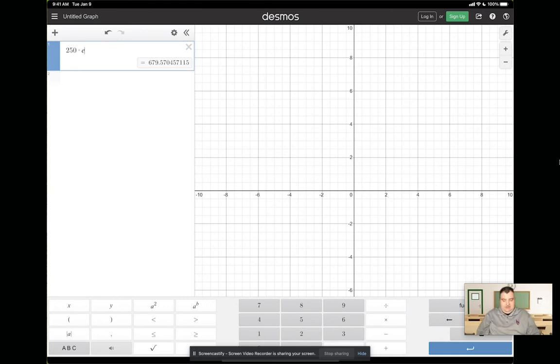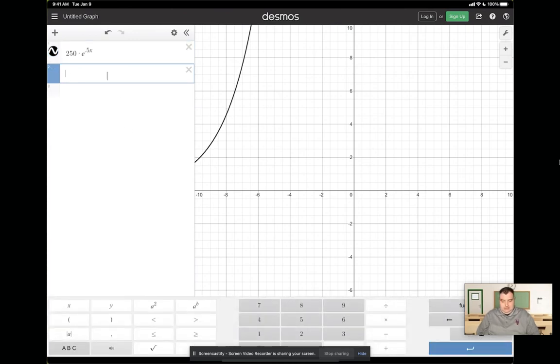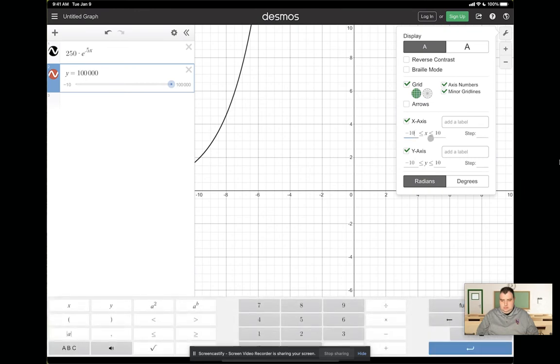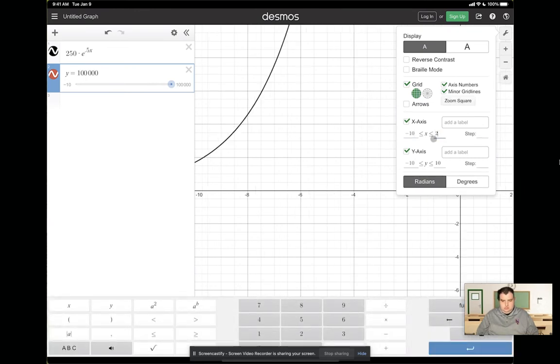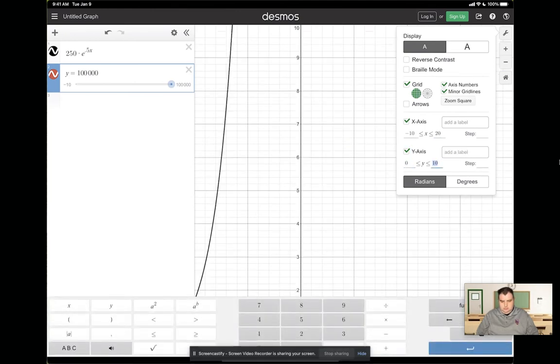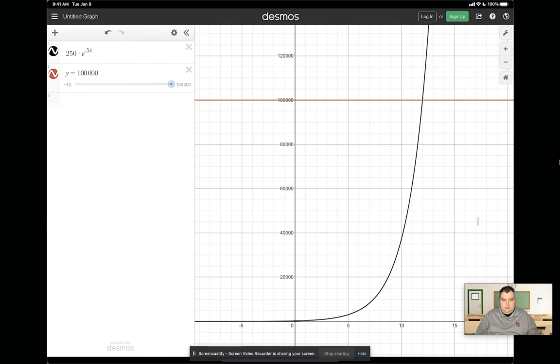So 250 e to the power of 0.5, instead of using w, I'm going to use x. And then it also said to graph y equals 100,000. So obviously we have to zoom out quite a bit here. Okay, so there's my graph here.